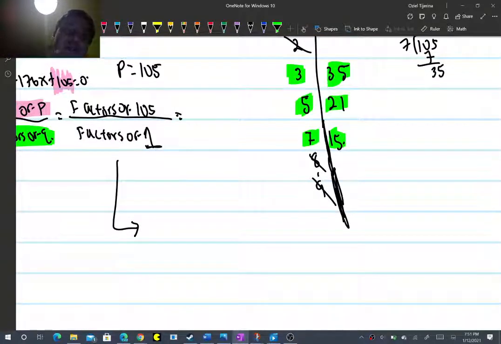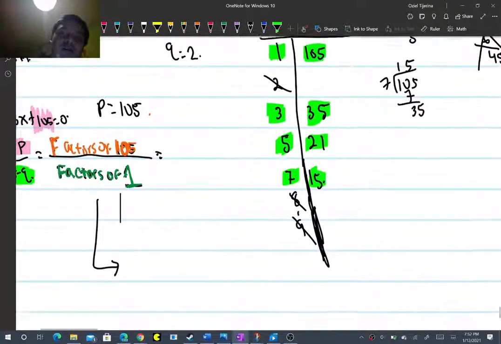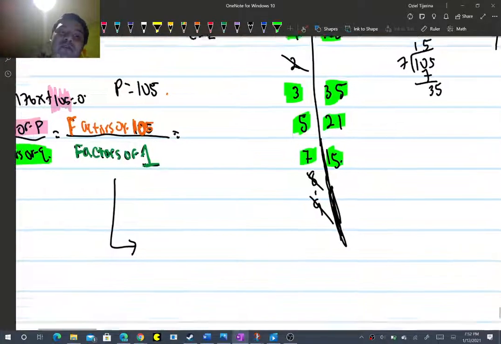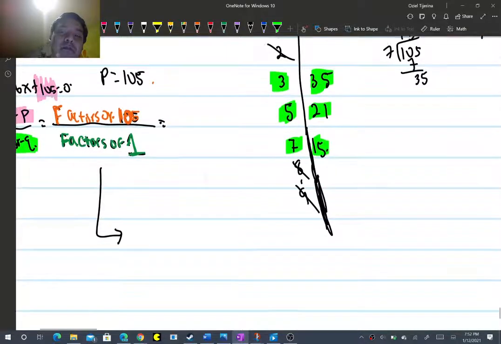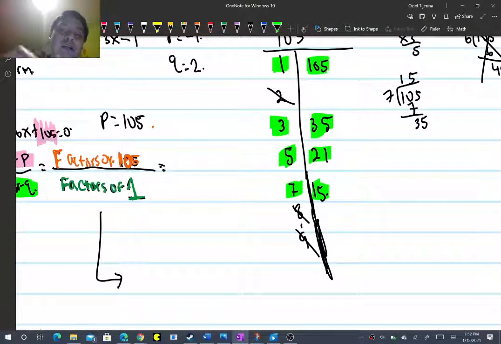And maybe if I can color code this so that you guys can understand what I'm talking about, just so that I don't confuse anybody. Okay, so all of these are factors of 105. The ones that are highlighted in green are factors of 105.